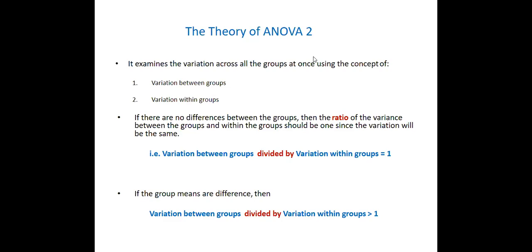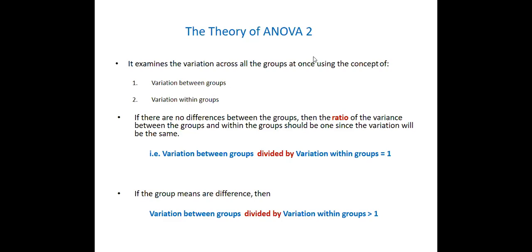The numerator is the variation between groups. The denominator is the variation within the group, which is the one we talked about under error the other time. Now, if both of them are the same, of course, when you divide them, it will give you 1. Variation between groups divided by variation within groups will be 1 if they are the same.